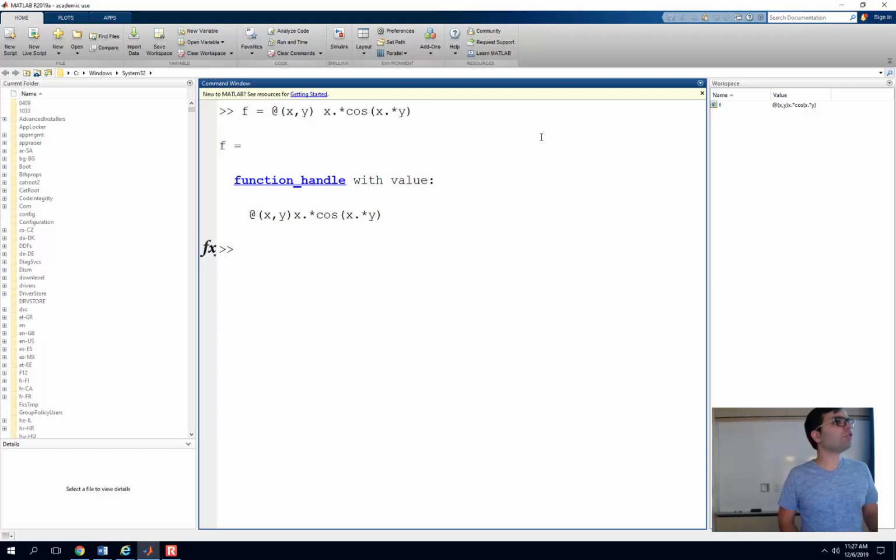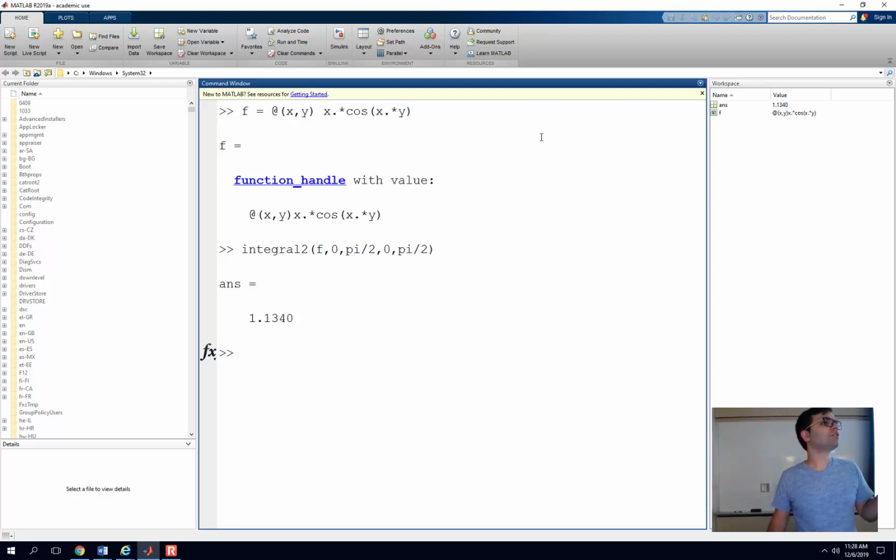For double integral, we have integral 2 of f. Now, the limits or the boundaries for x from 0 to pi over 2, that's the boundary for x. From 0 to pi over 2, that's the boundary for y. So 0 to pi over 2 and 0 to pi over 2. That is my double integral.